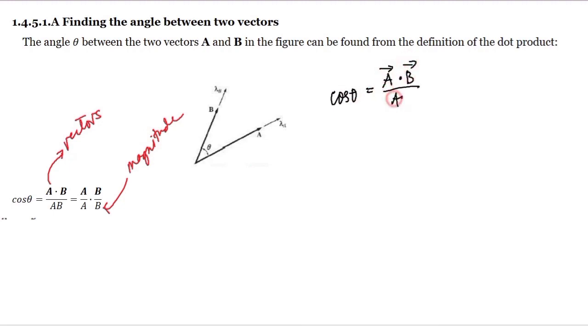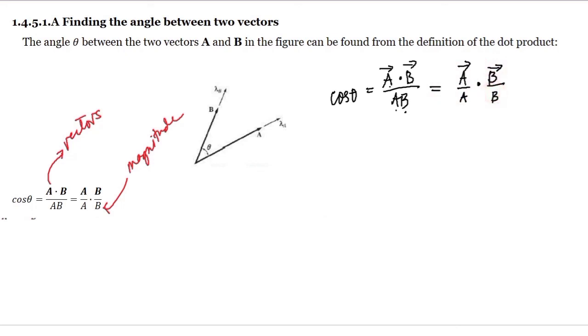over AB. So, itong A is the magnitude of the vector A, and this B is the magnitude of vector B. And this is just equal to the vector A over its magnitude dot B over its magnitude.